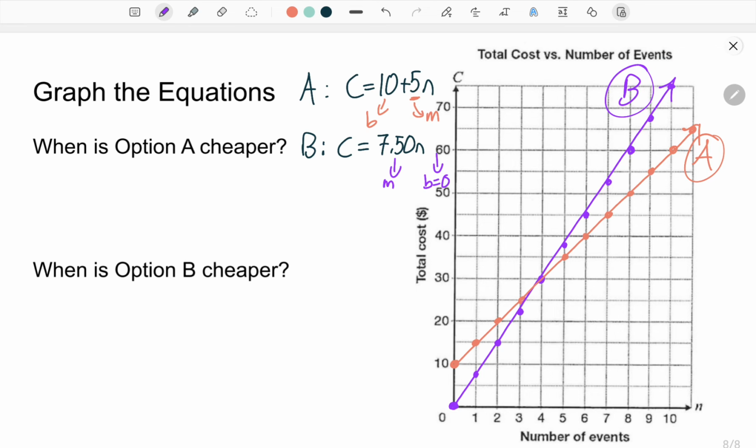All right. So we want to know, when is option A cheaper and when is option B cheaper? Well, first of all, we can see that this point here, if you draw your lines nice and accurately, is the point (4, 30). And that is the point of intersection.